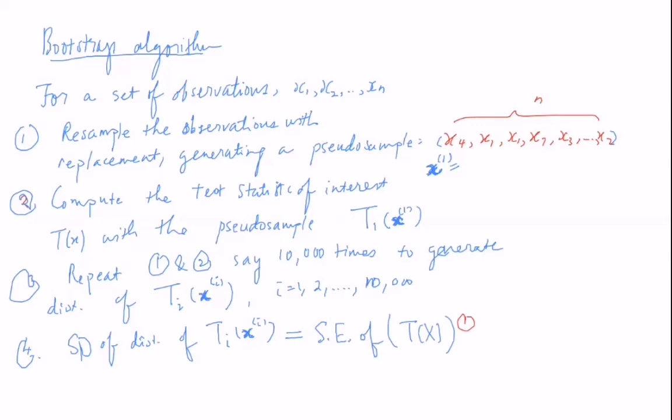Then number two is the following, the 2.5th and 97.5th percentile of your statistic here.